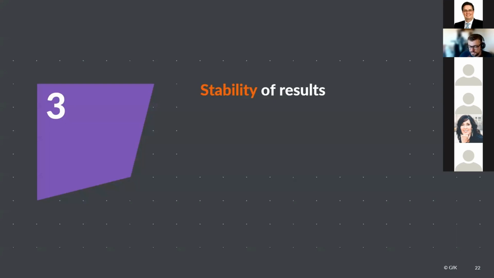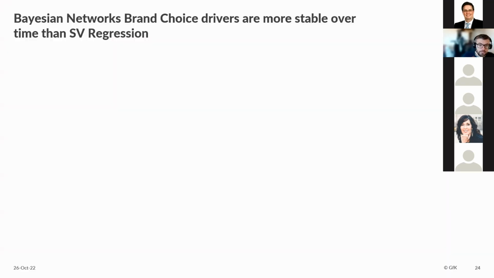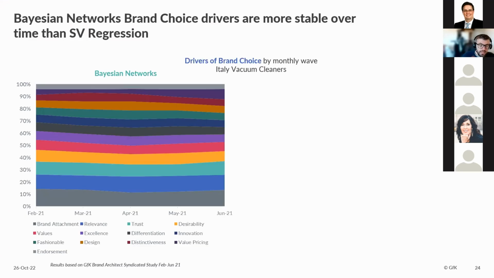Okay, so now let's look at the stability of the results, starting with the stability over time. Now, what we see on the left here is the stability of the Bayesian networks importance scores over time. So for 5 monthly waves from February to June, we have the importance scores for each of the perceptions given by a Bayesian networks model.